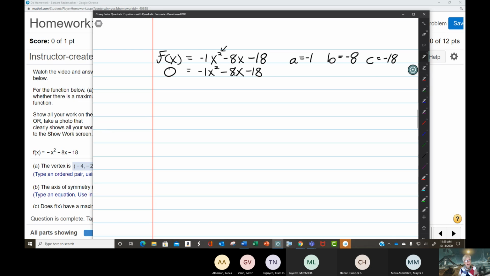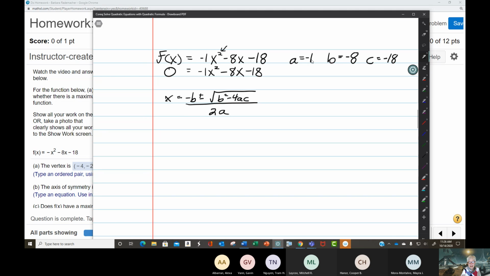X equals -b plus or minus the square root of b squared minus 4ac all over 2a. You need to sing that to yourself every night. And if you have children, sing it to your children. Warp their minds early.